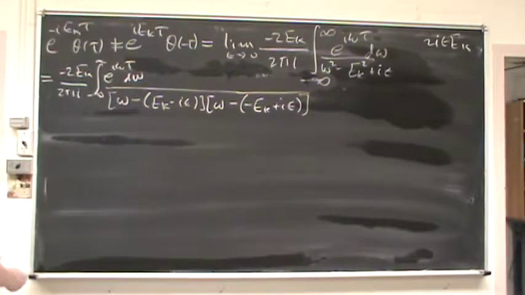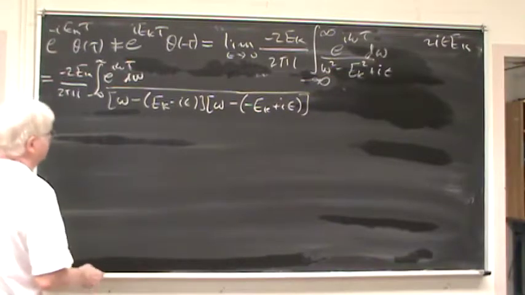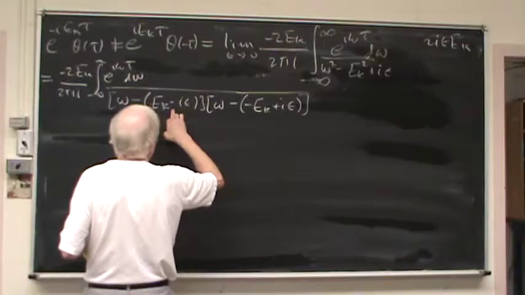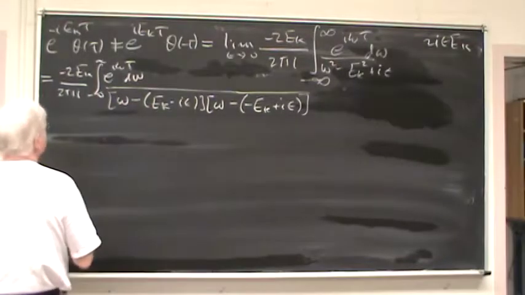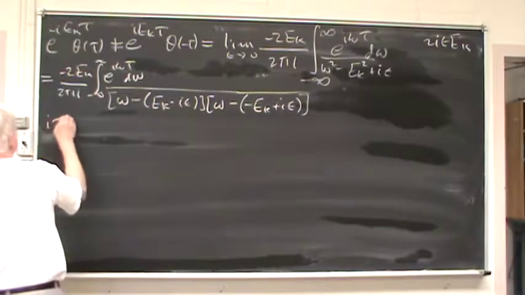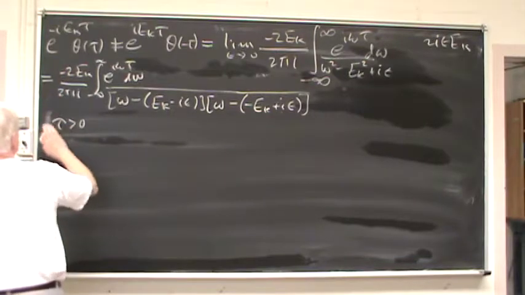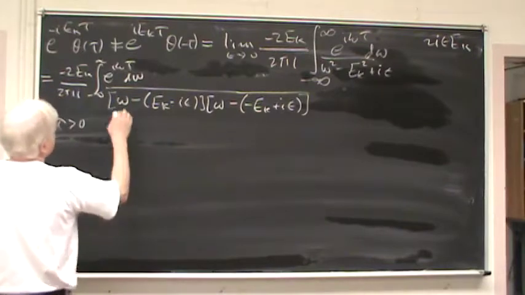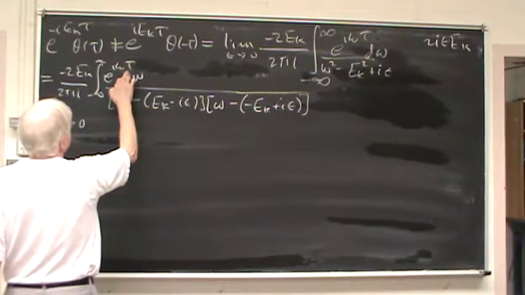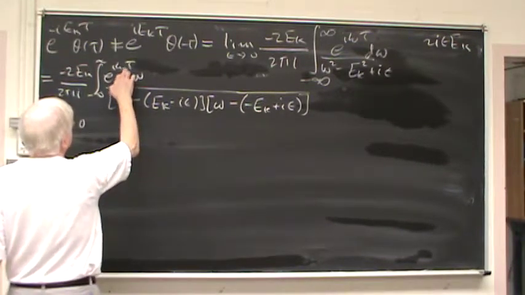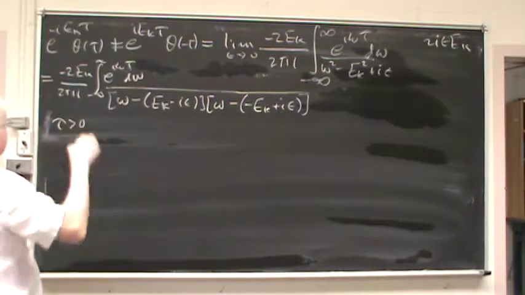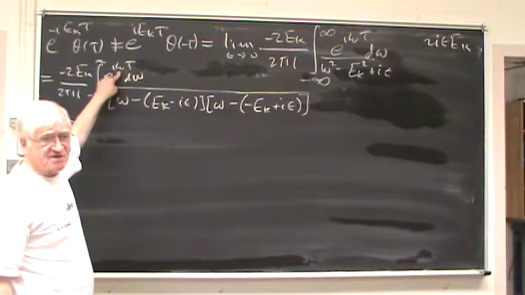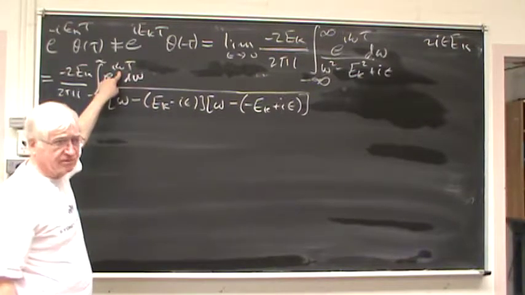Okay, so we've got a pole here, and we've got a pole there. And if tau is greater than 0, then what we want is for omega to have a positive imaginary part, because then this will be exponentially small.